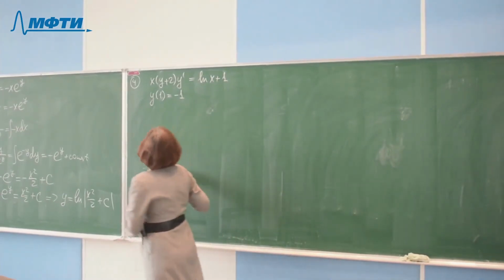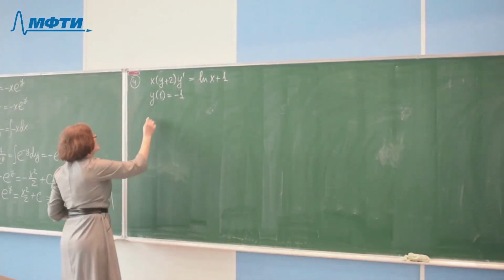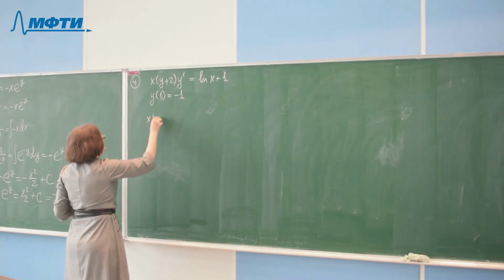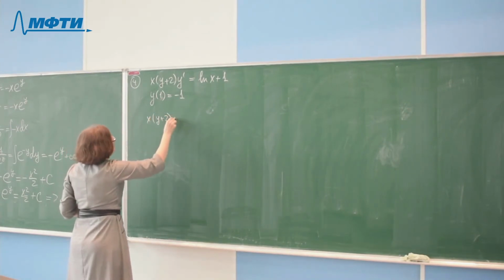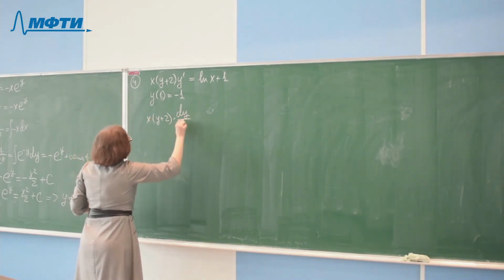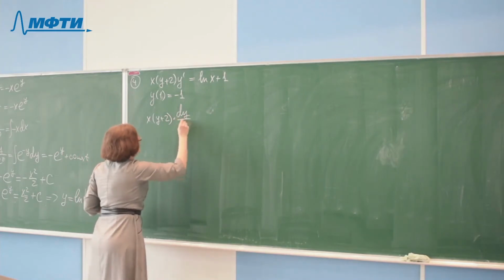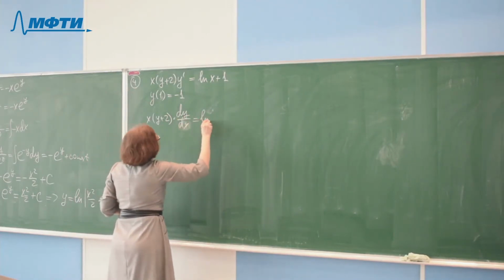Okay, well, let's try to separate variables. It will be x times y plus 2 times dy over dx equals ln x plus 1.